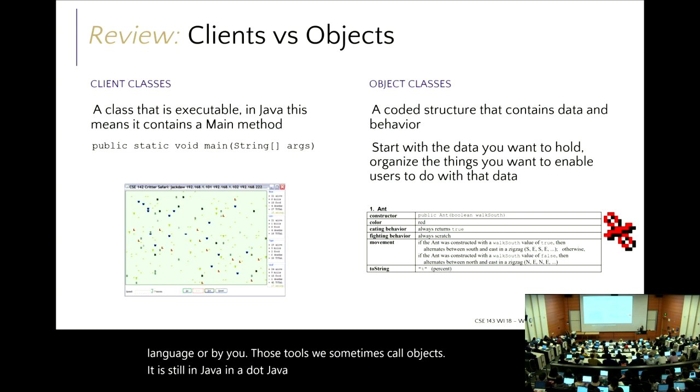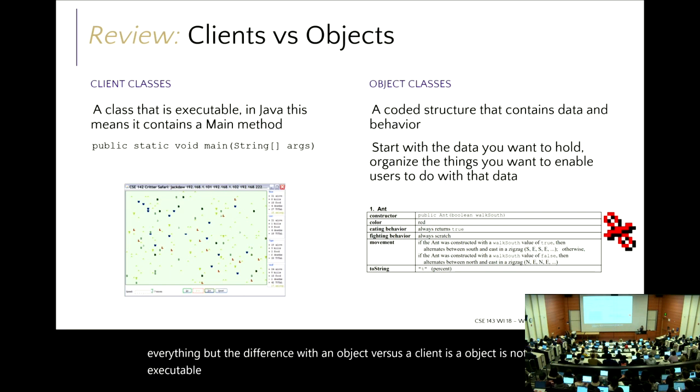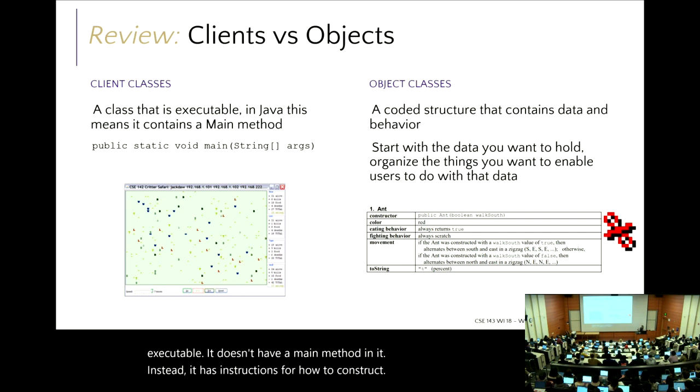It still has a public class name header around everything, but the difference with an object versus a client is an object is not an executable. It doesn't have a main method in it. Instead, it has instructions for how to construct a new instance of that object. That thing is called a constructor.